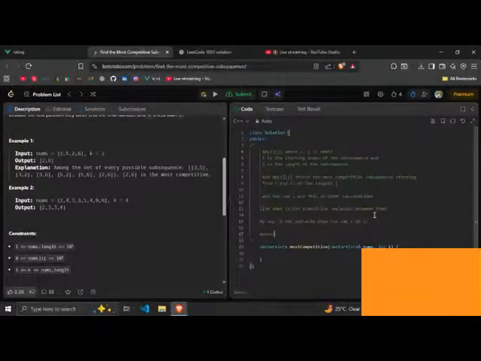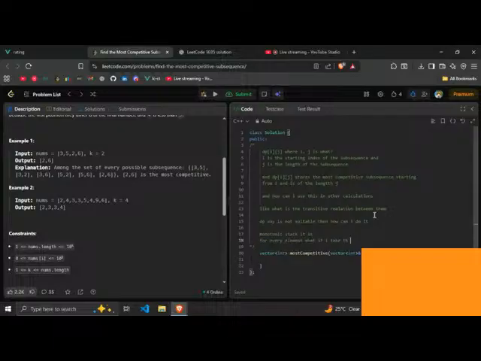As for the monotonic stack, for every element, what if I take the next minimum element to its right? Okay, if I would make that element, okay.